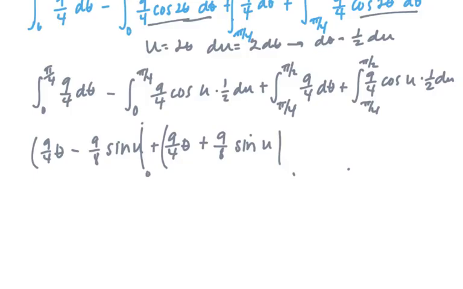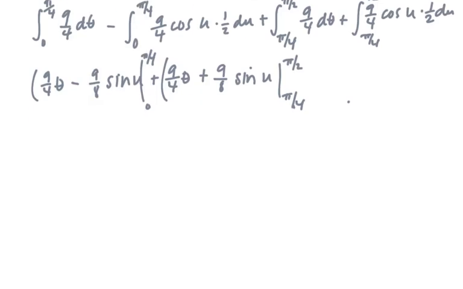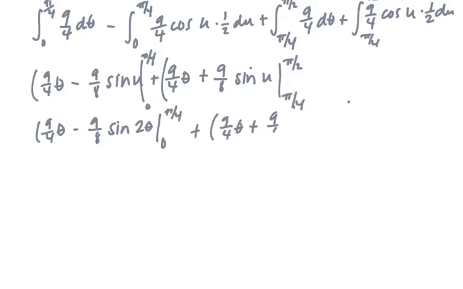The bounds here are 0 to pi over 4, and the bounds here are pi over 4 to pi over 2. Now we need u, so we have 9/4 theta minus 9/8 sine of 2 theta from 0 to pi over 4, plus 9/4 theta plus 9/8 sine 2 theta from pi over 4 to pi over 2.